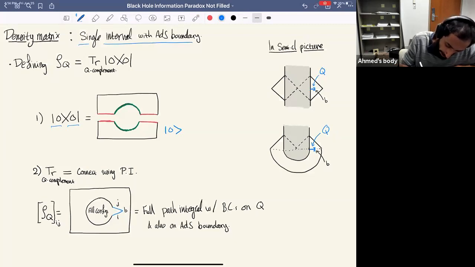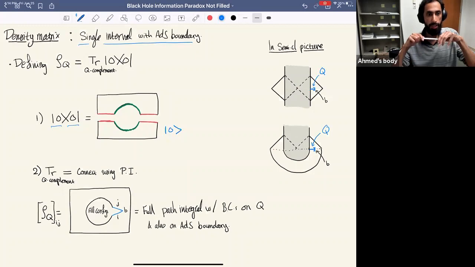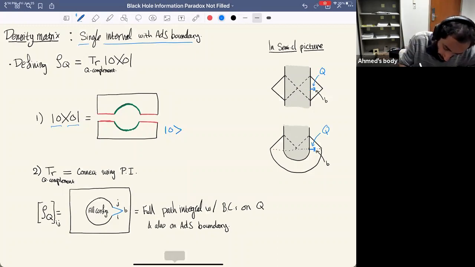But in the gravity region, the thing that I'm trying to do right now is specify the exact state. I'm not trying to look at the semi-classical state. So the only thing I can specify about the gravity region here are just the boundary conditions.